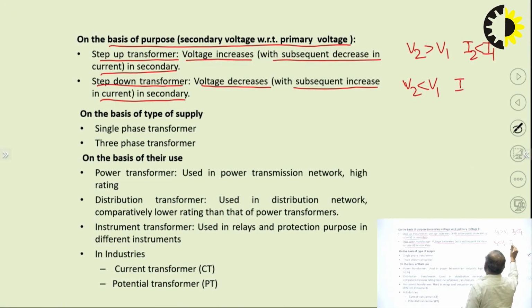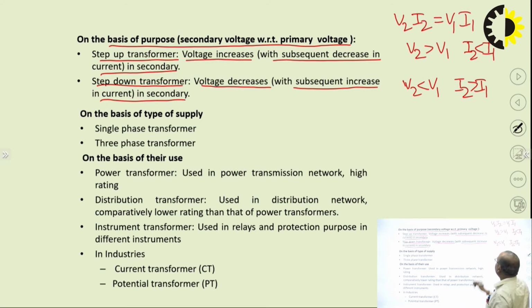So, I2 will be more than I1, and the reason for this is that the product of voltage and current will remain the same on the two sides. That means V2 I2 will be equal to V1 I1. So, if voltage decreases, then there will be subsequent increase in the current, and if voltage increases, then there will be subsequent decrease in the current. That way we can see it.